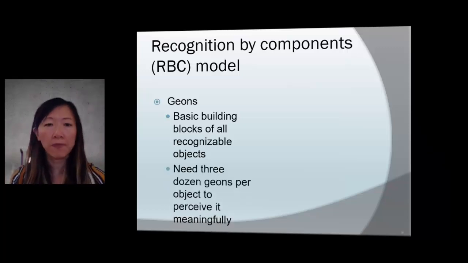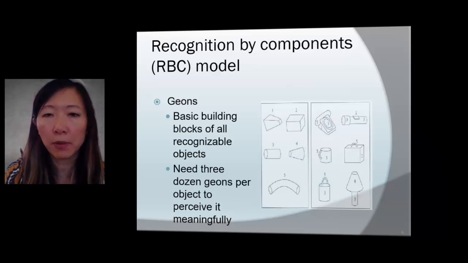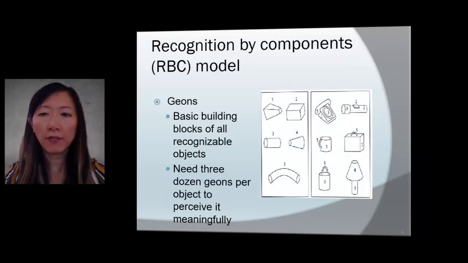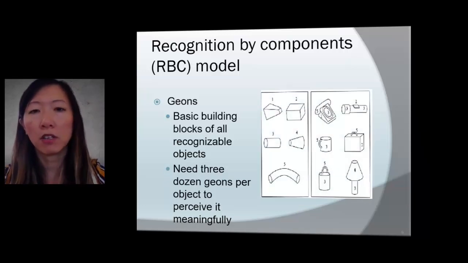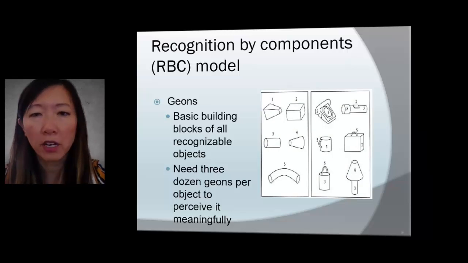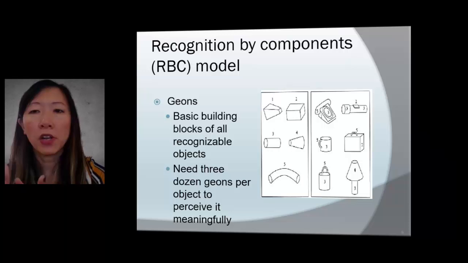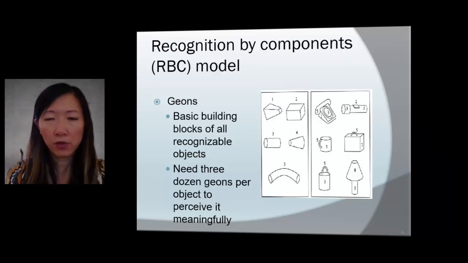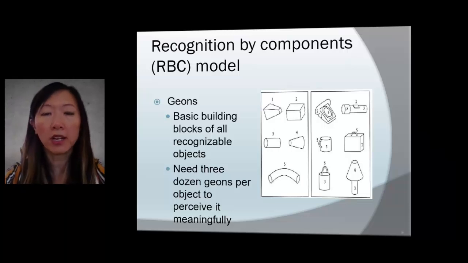It's called the geon theory. Here's an example. On the left column, we have shapes that really don't have much meaning for us, and they're numbered here. This is a very simple example. On the right column, you see items that we do recognize.